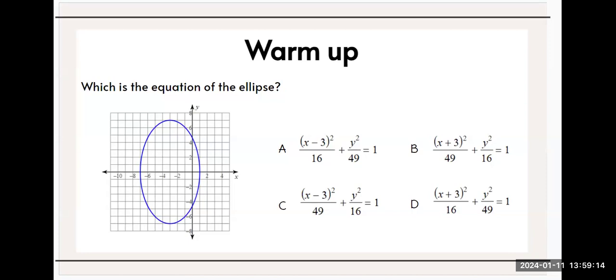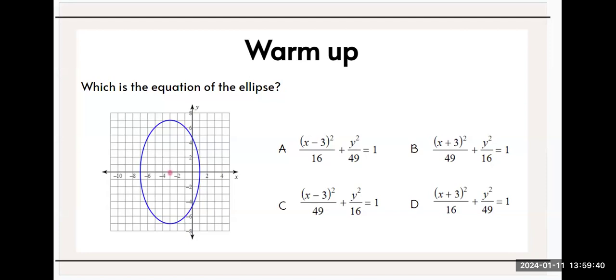All right, let's go ahead and go over it. We had several people pick B, and one person choose D. Okay, so the center looks like it is -3, 0.